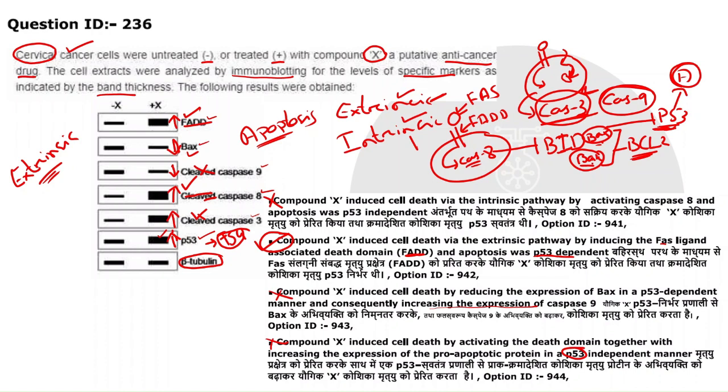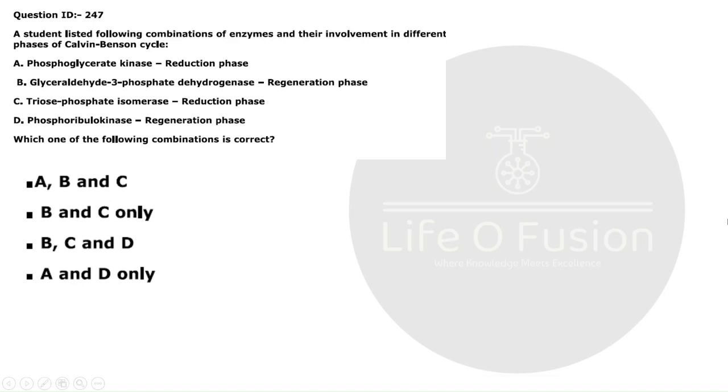So coming to the next question. The question is that a student listed the following combination of enzymes and their environment in different phases of the Calvin-Benson cycle. What is the Calvin-Benson cycle? The Calvin cycle in your plant, with the Rubisco enzyme, is where it generates energy.